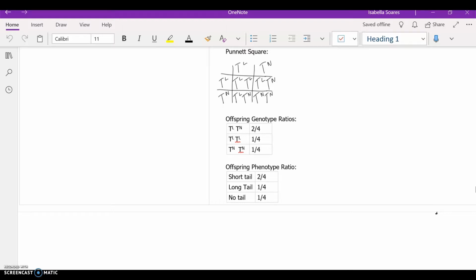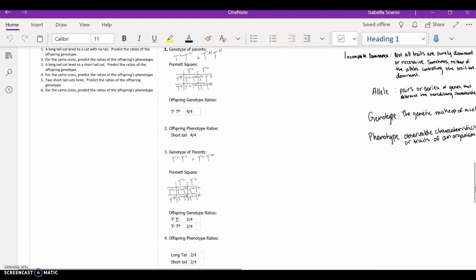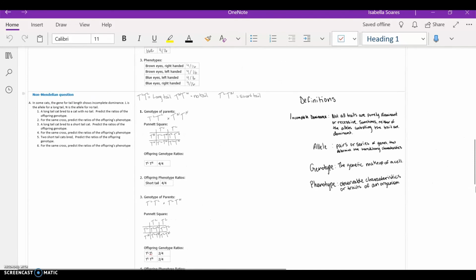The offspring phenotype ratio resulted as 50%, or 2 out of 4, short-tailed, 1 out of 4, or 25%, long-tailed, and 1 out of 4, or 25%, having no tail. So that is my solution for the non-Mendelian question.